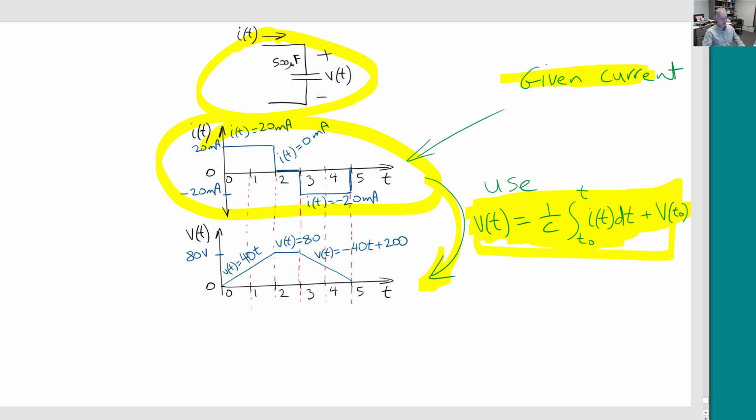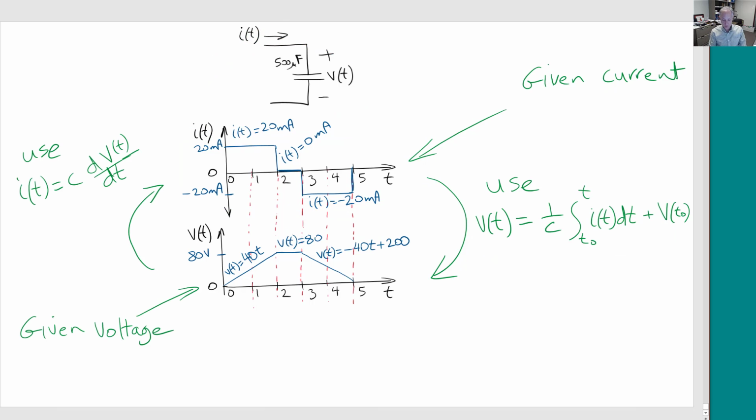But instead of giving you the current, we can give you the voltage across a capacitor and ask you to obtain the current waveform, and then calculate the power and energy from that.